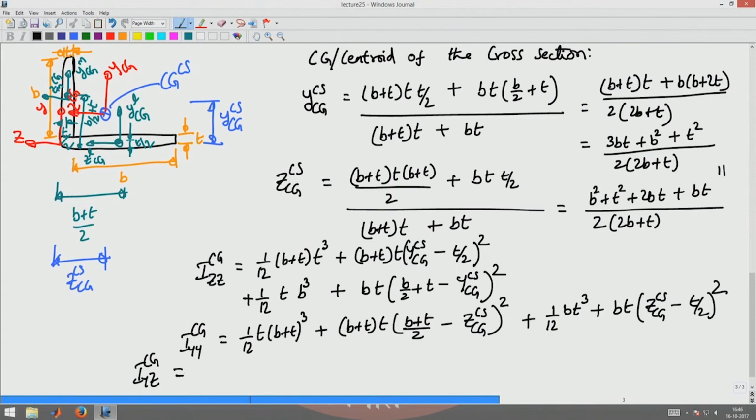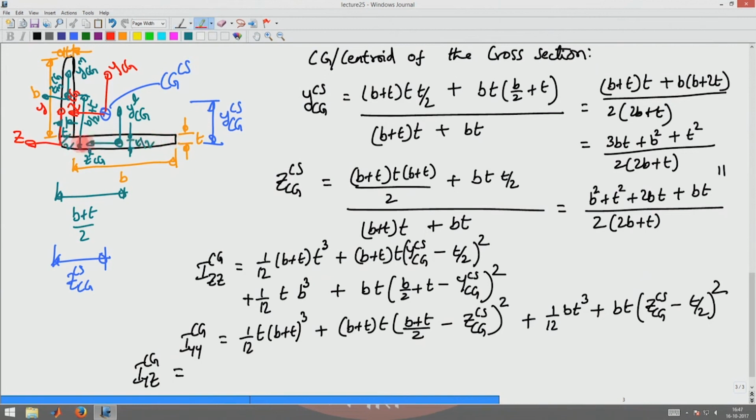Now, this will be the moment of inertia about the center of the cross section, which is 0 for this case, and there will be only the shifting term, right. So, it matters whether the shift is positive or negative along the y and z direction, okay.